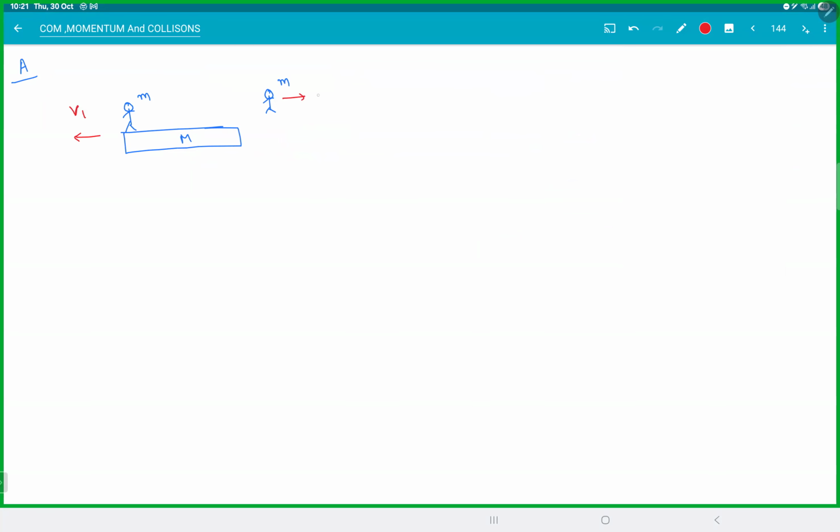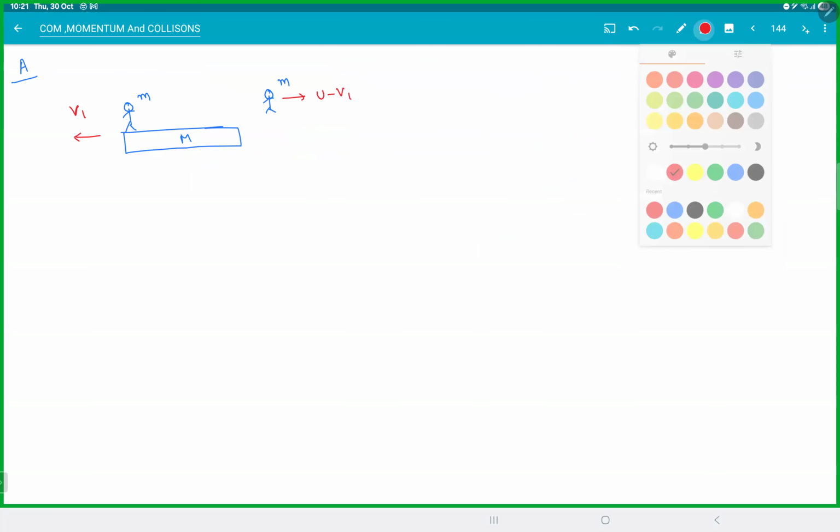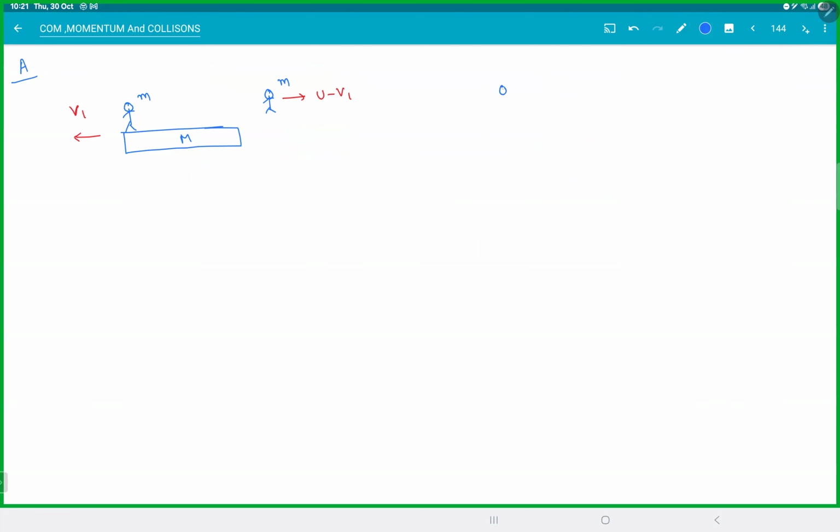And this person jumped with u minus v1. Conservation of momentum, initially 0. Finally, m into u minus v1 minus (M plus m) into v1. Remember, B is still standing, so they both are going together. So v1 is mu by M plus 2m. This is the velocity of the plank.